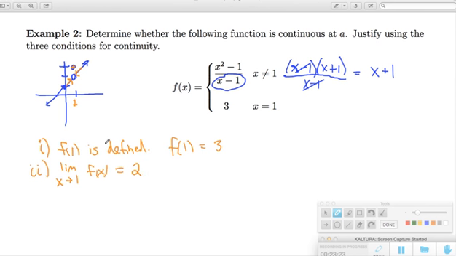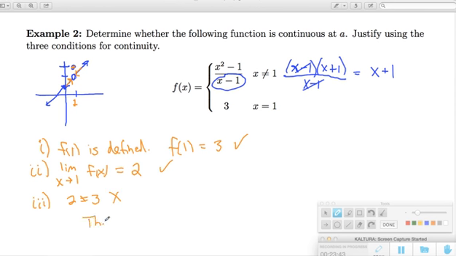So far, so good. But if you go and check that third condition, what happens? Remember, the third condition is that the limit has to be equal to the function value. But in this case, that's not true because 2 is not equal to 3. So even though we satisfied condition 1 and condition 2, we did not satisfy condition 3.